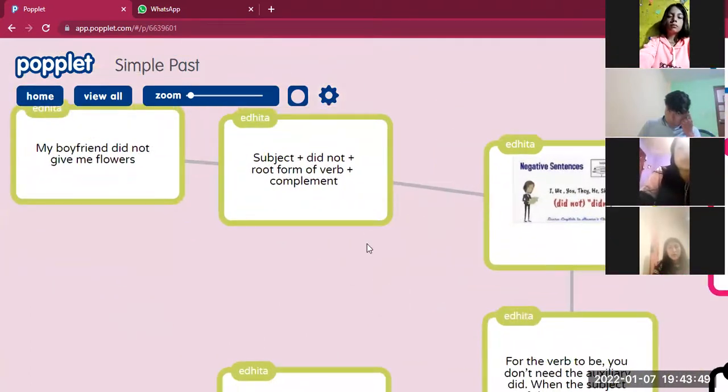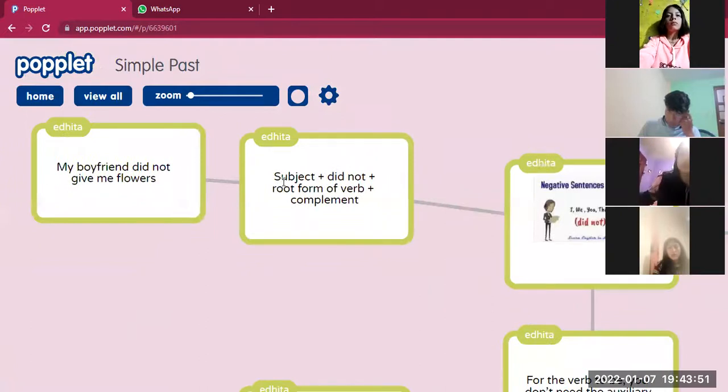Now, here we have the grammatical rule for all of the verbs, but not with the verb to be. Okay, take into account. The grammatical rule is subject plus did not plus root form of the verb plus complement. For example, my boyfriend did not give me flowers.